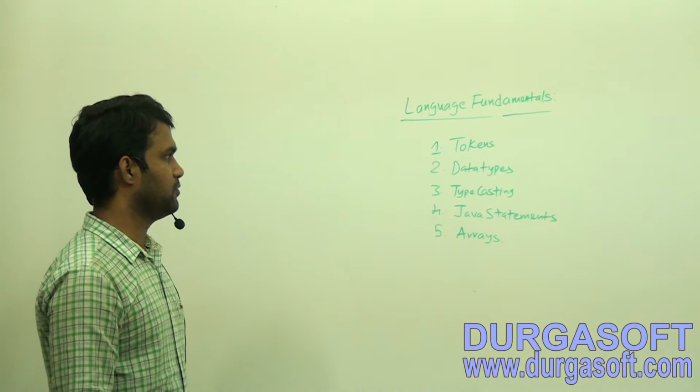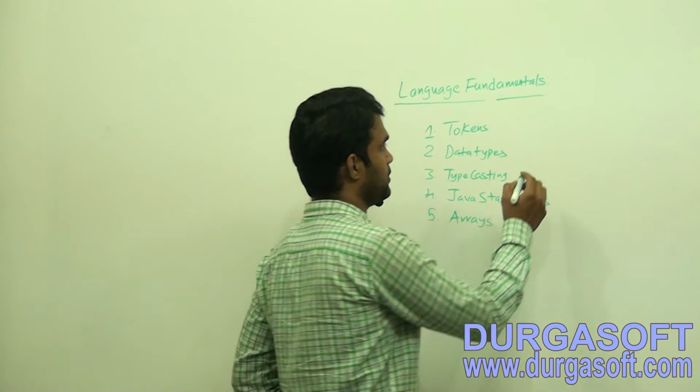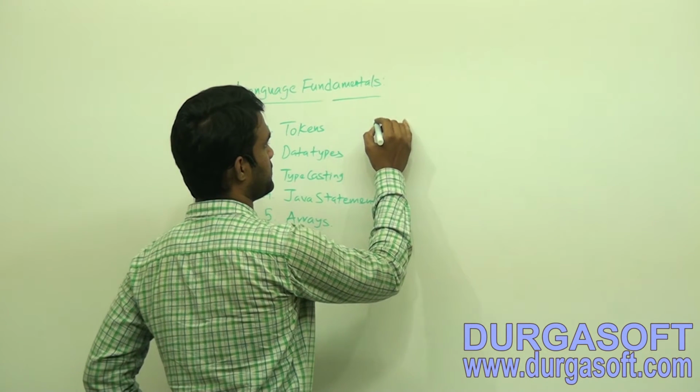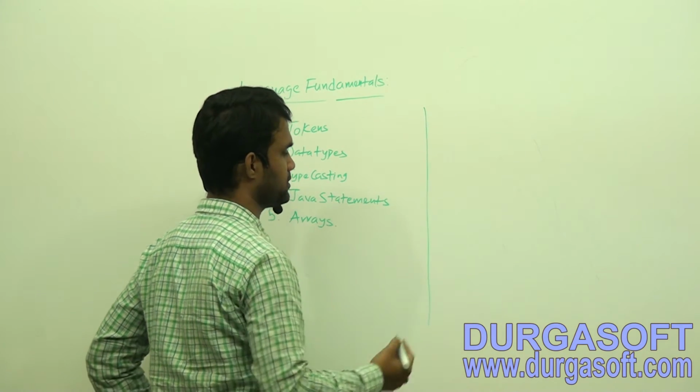Okay, so last class we already finished tokens. Within tokens we discussed some concepts. Tokens are again divided into subparts.